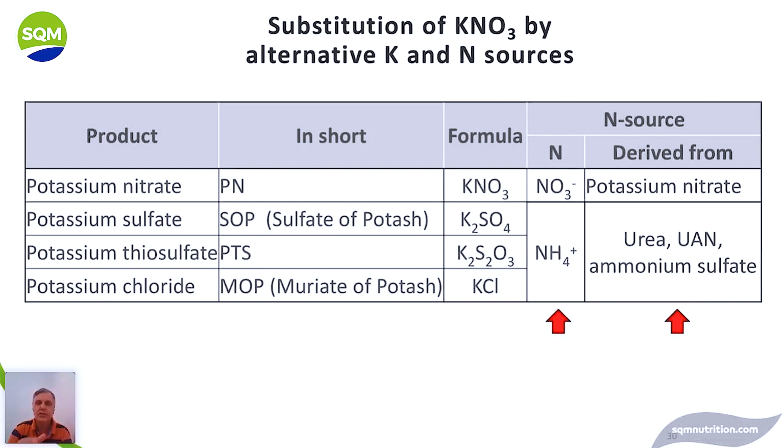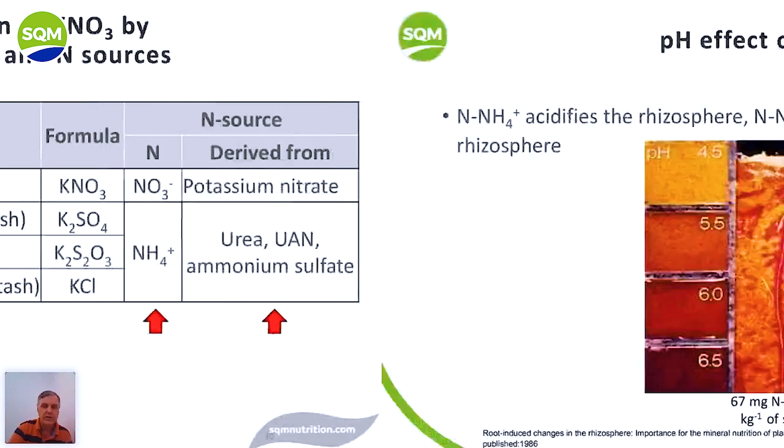And this is the difference, because if you look at the symbol, nitrate has a negative charge. It's NO3 minus. Ammonium has a positive charge, NH4 plus. And from the chemical point of view, that makes all the difference, because elements with negative charges, nitrate, are anions, and elements with positive charge such as ammonium are cations. And then doing the chemical balance, synergism and antagonism between the elements, that makes all the difference.